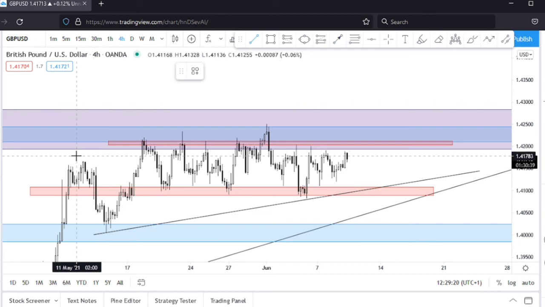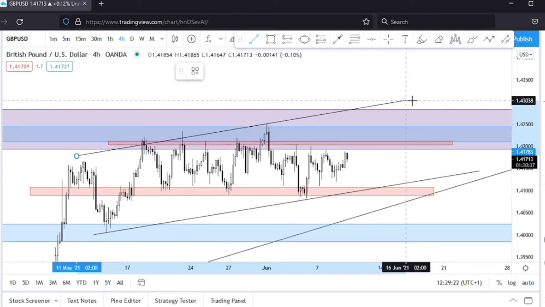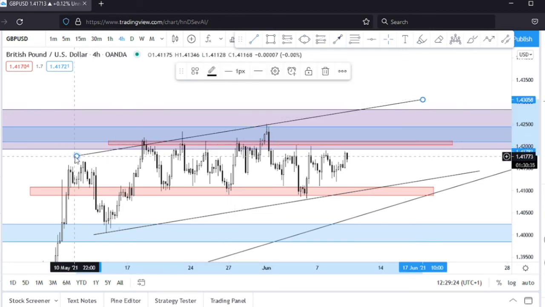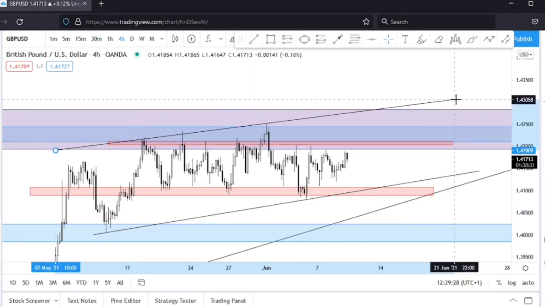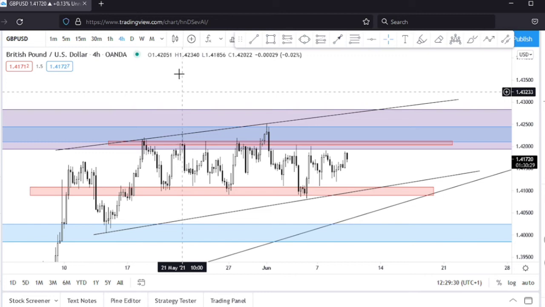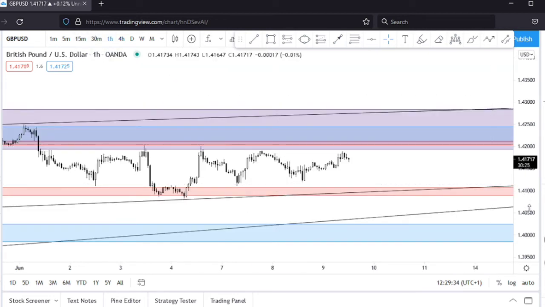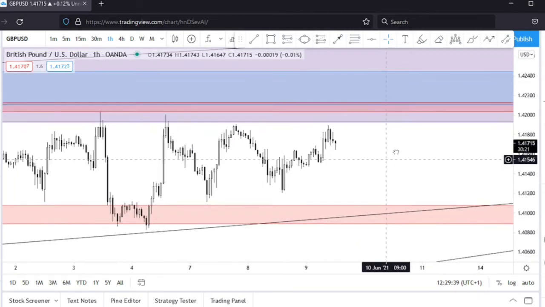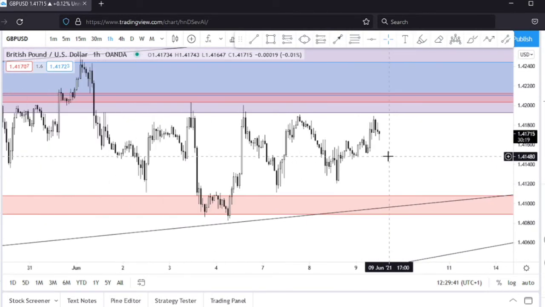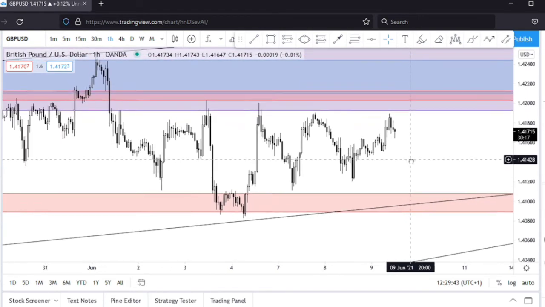So for swing traders, that's what we are looking at currently. For day traders, however, there may be some opportunities for you in this trade. Let me go down to the daily. In the daily time frame, price is still very much erratic.